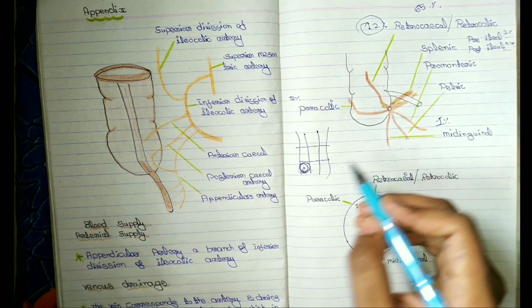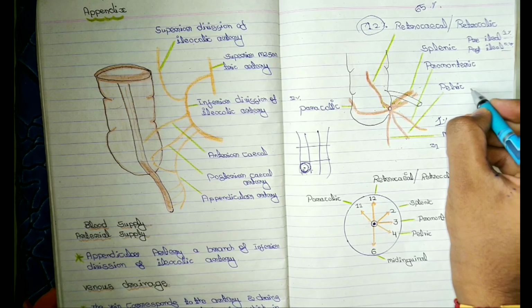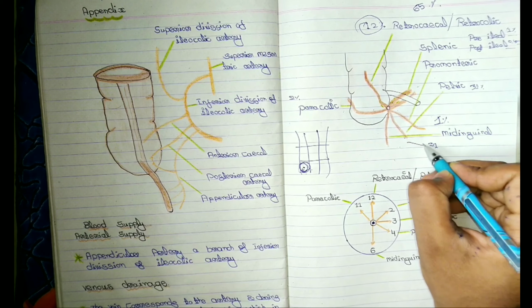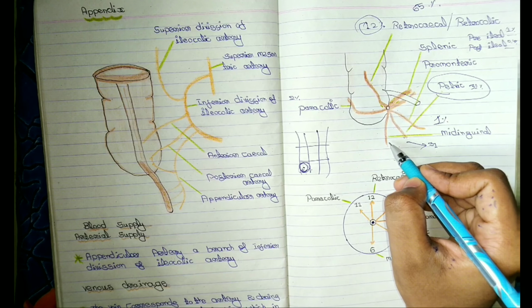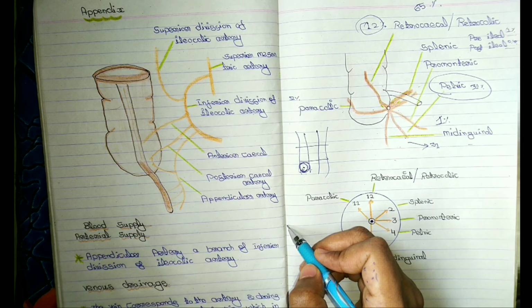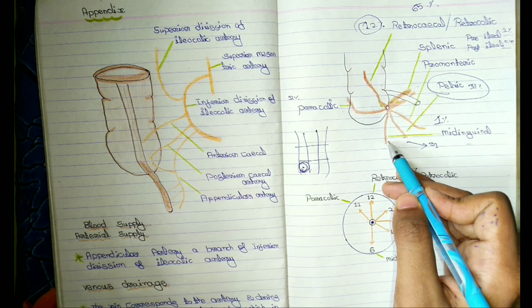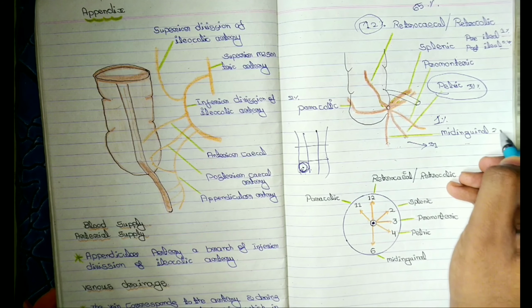It is the second most common position, occurring in 31% of cases. And the 6 o'clock position, that is midinguinal: the appendix passes vertically downwards below the cecum and it occurs in 2% of cases.